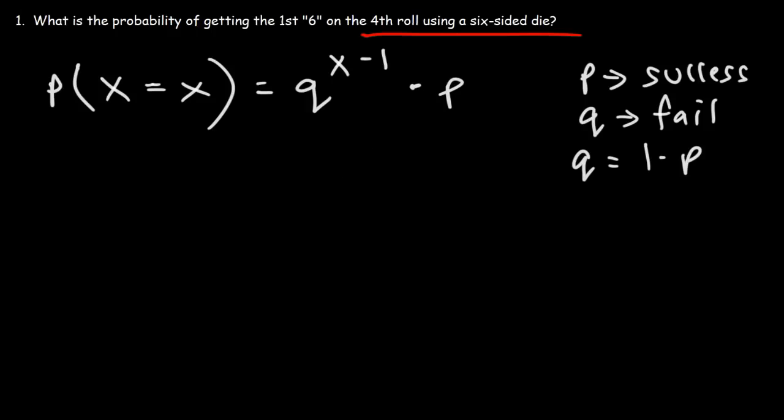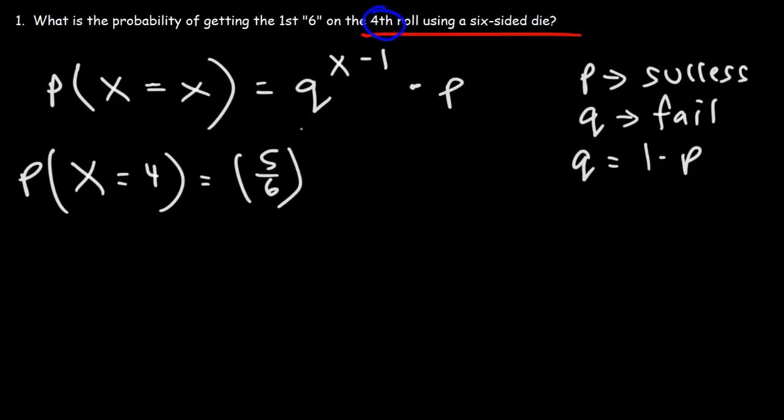So to apply this formula in this problem, we have capital X, the random variable, and little x is going to be 4, because we want to get a successful event on the 4th roll. Q is the probability of not getting a 6, which we said is 5 over 6. x is 4, so this is going to be 4 minus 1, times the probability of getting a successful event, in this case, successfully rolling a 6, that's 1 out of 6.